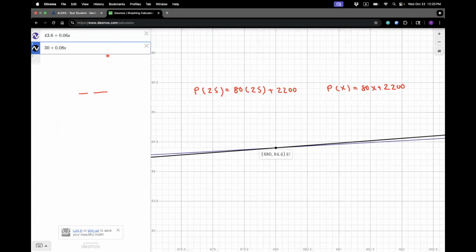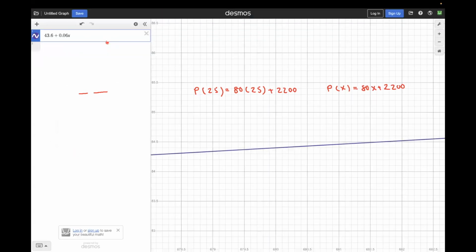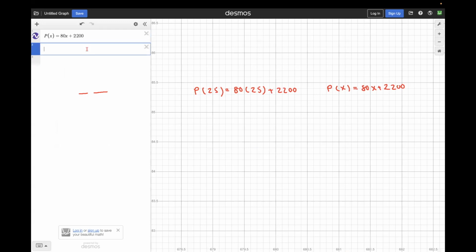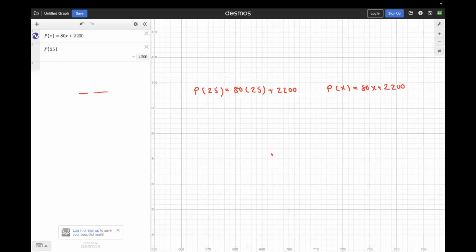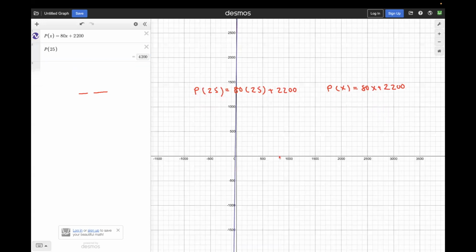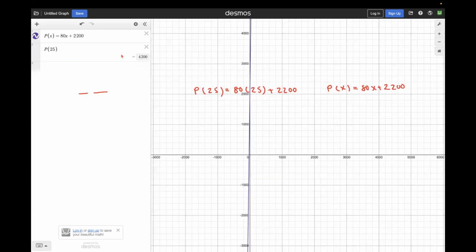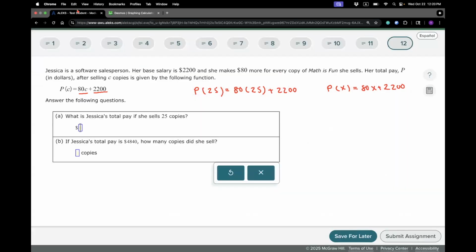Let's go to Desmos. All right, so we have P of x equals 80x plus 2,200. So if we do P of 25, she gets $4,200. So let's zoom out so we can see. There's our line. All right, so P of 25 is 4,200. Let's go type that in.